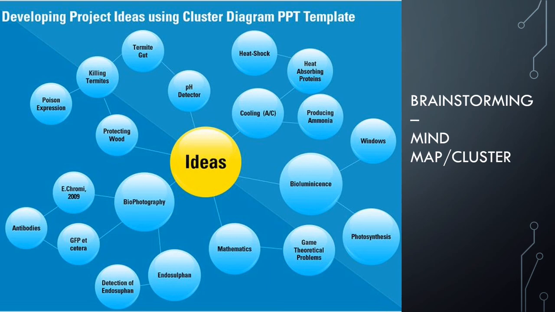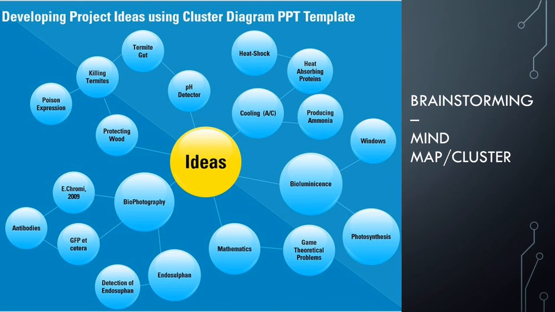You're free to use the mind map or the cluster method, where you start with a central idea and you branch modifications off of that. So we start with, for example, cooling and AC. What could we explore from there? Heat absorbing proteins. This one's a little bit more geared for some other disciplines, and then of course off that we can explore heat shock, and so you can really branch off.